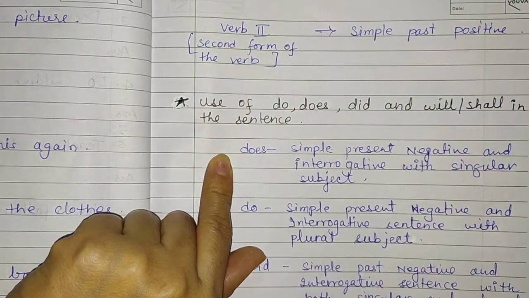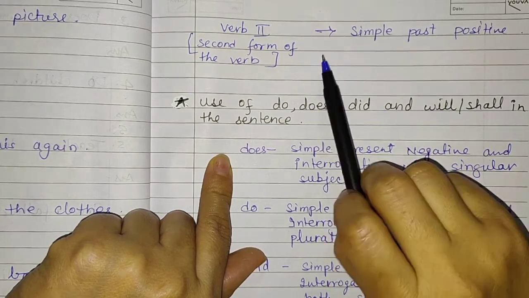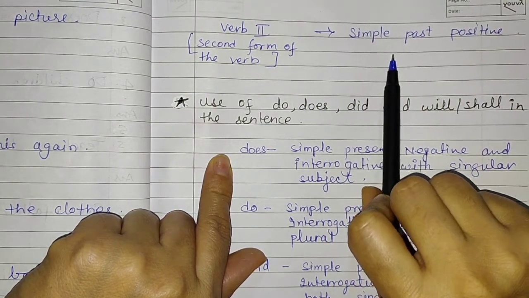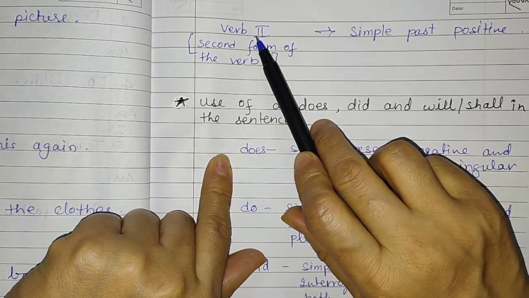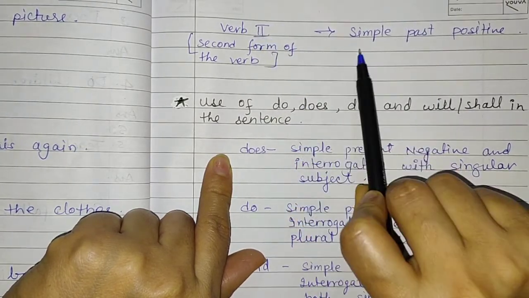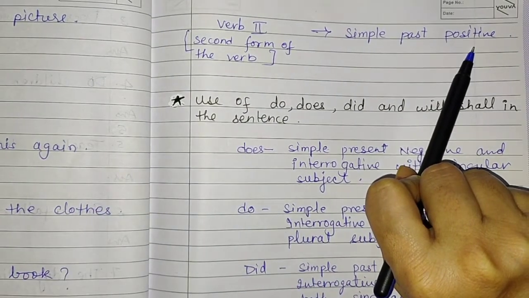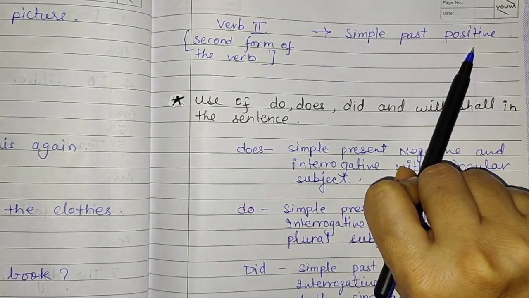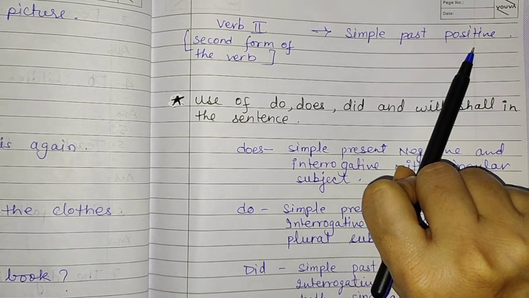The structure of simple past positive is subject plus verb 2 plus object. So verb 2 will be used only and only in the simple past positive sentence. Is that clear? In the rest of the tenses and kinds of sentences, we will use the first form of the verb.